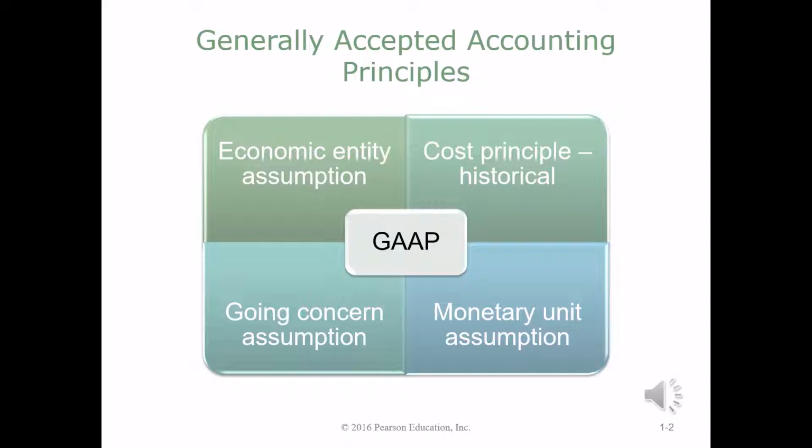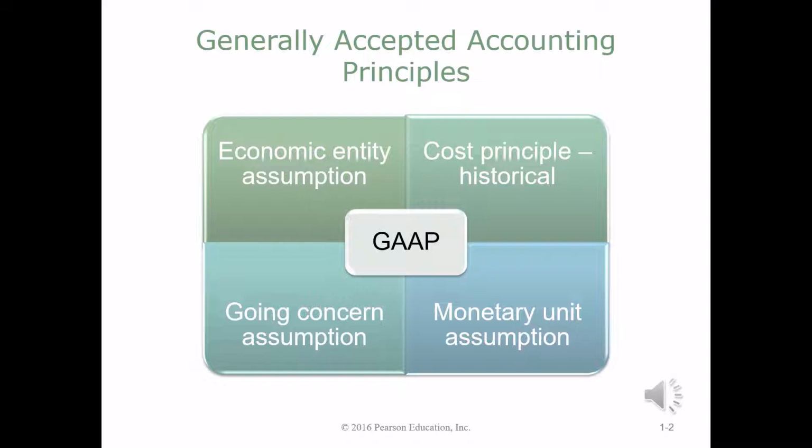And the same thing is true in comparing businesses. We need to be able to review financial information and know that that financial information kept accounting under some specific principles. So let's go through these four just today. First, the economic entity assumption.